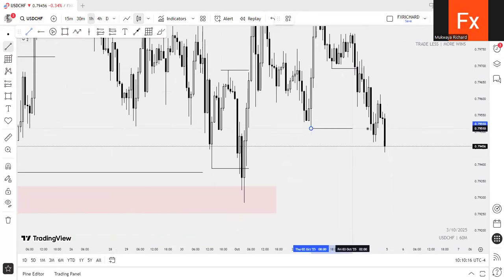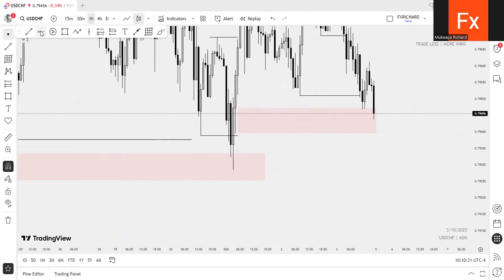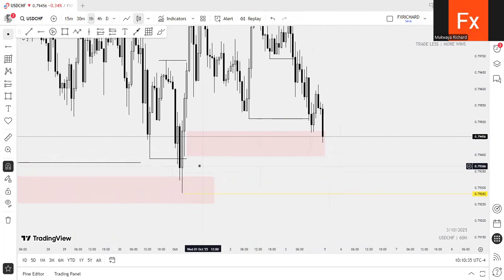This one can act as our liquidity. And then after that, we can see that we had this candle wick as our point of interest. So this one is a protected low. That one is a protected low.